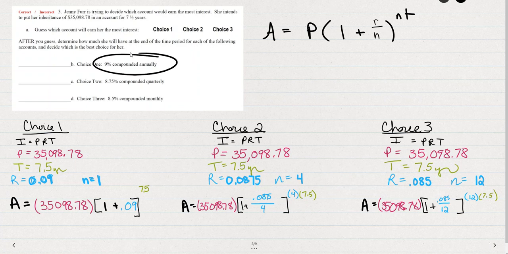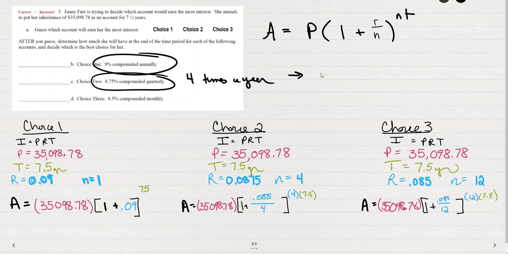That means that once a year, the bank assesses how much interest has been earned and adds that interest into the account. Now, if we've got something compounded quarterly, that means 4 times a year.